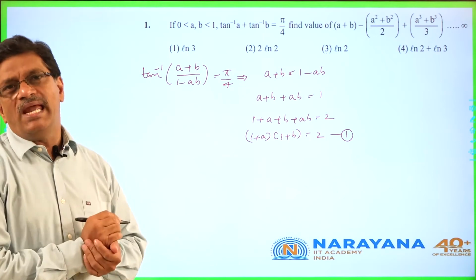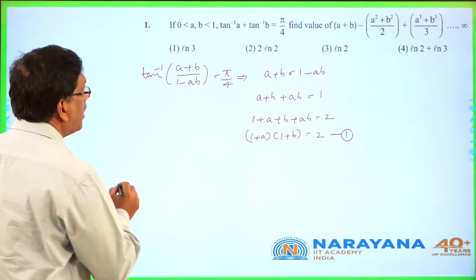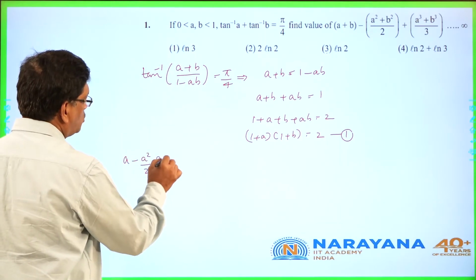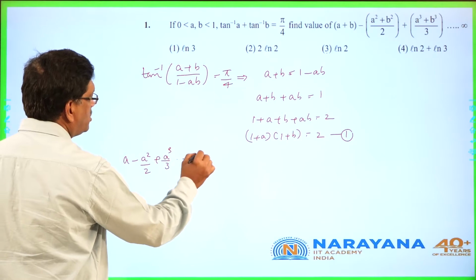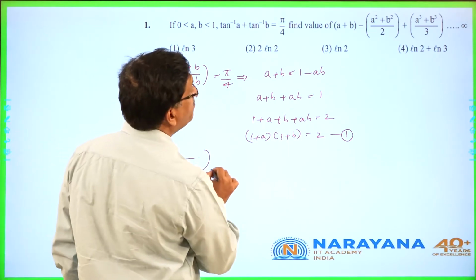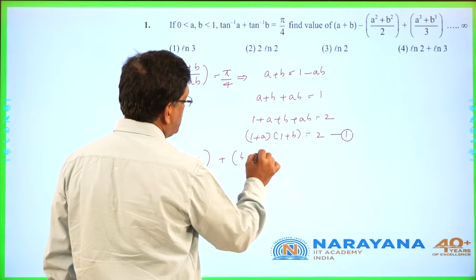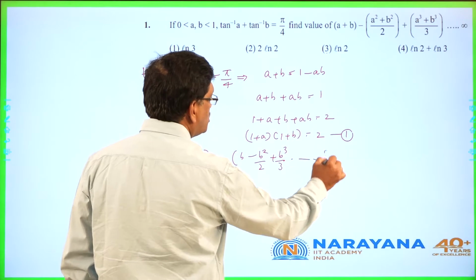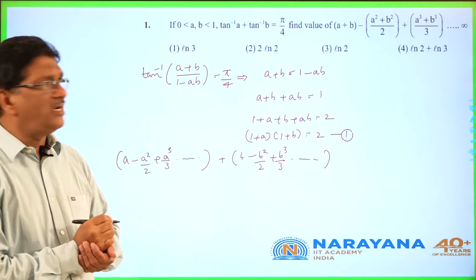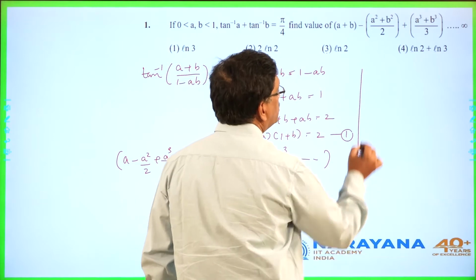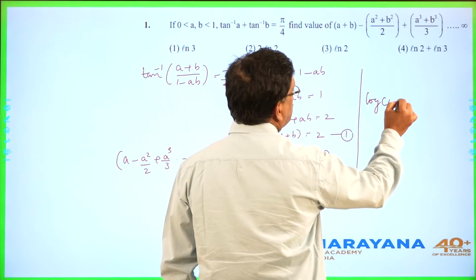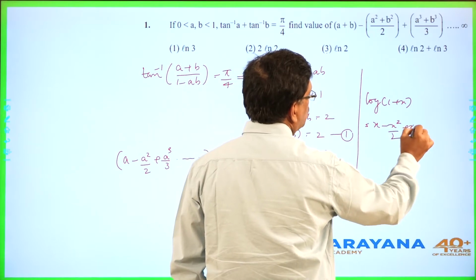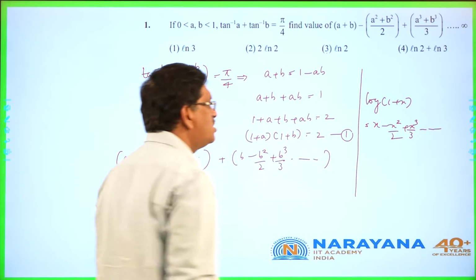Let us bring all A terms into one bracket like this. So it is A minus A square by 2 plus A cube by 3, and so on. Similarly, B terms: B minus B square by 2 plus B cube by 3, and so on. I hope you know that the log expansion is there. So log(1 plus x) is equal to x minus x square by 2 plus x cube by 3, and so on.